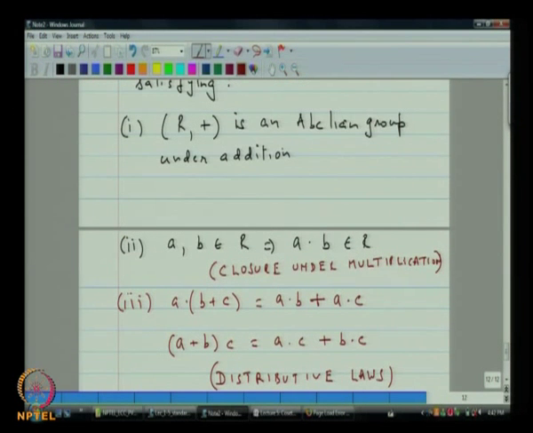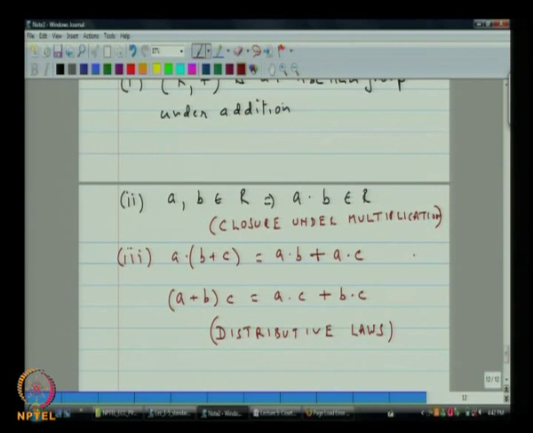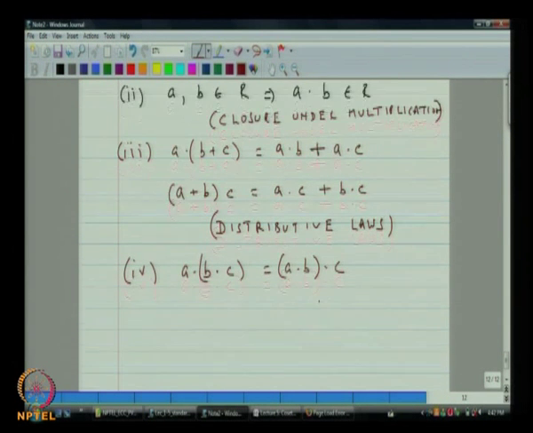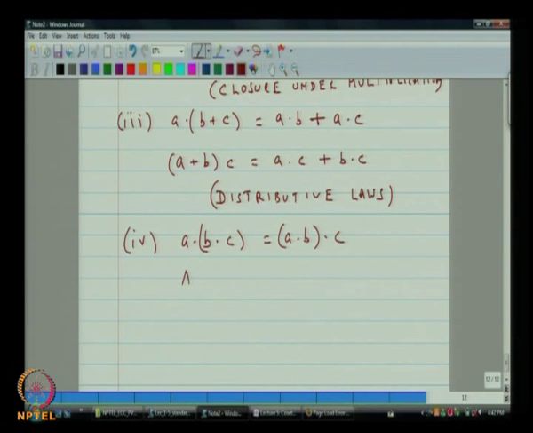Right? And the fourth property is that (A times B) times C is the same as A times (B times C). So this is associativity under multiplication. So we have a total of 4 axioms.